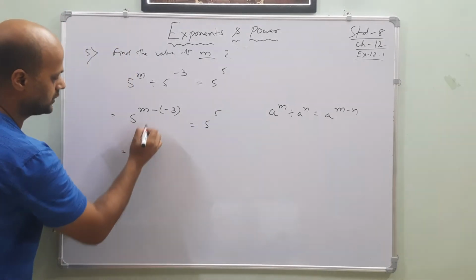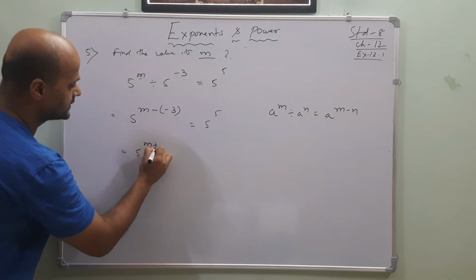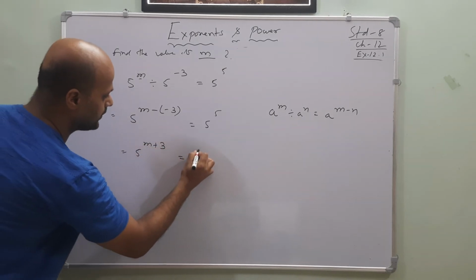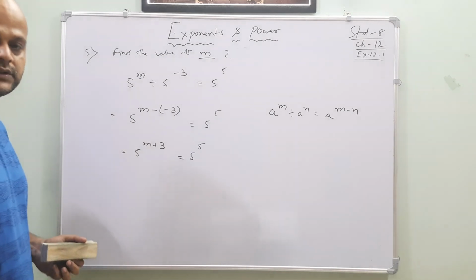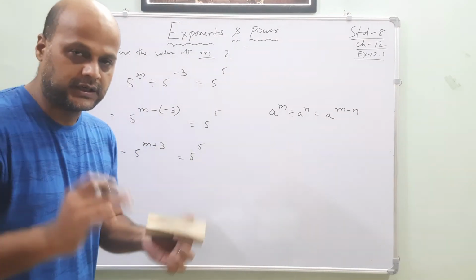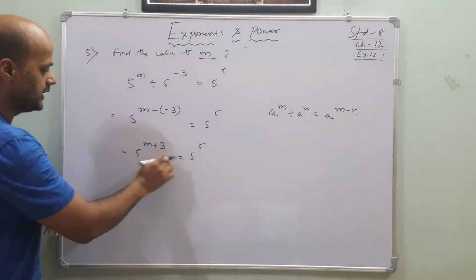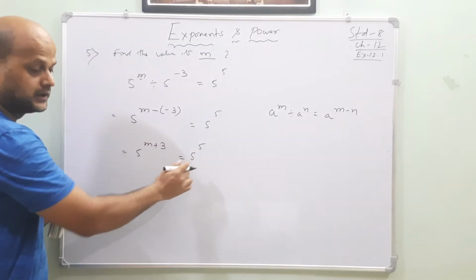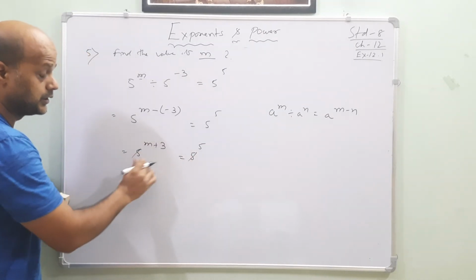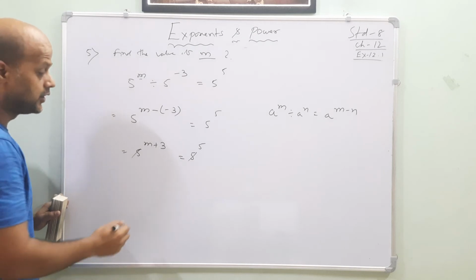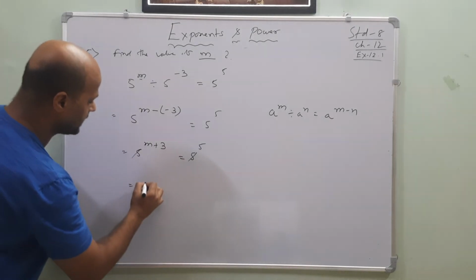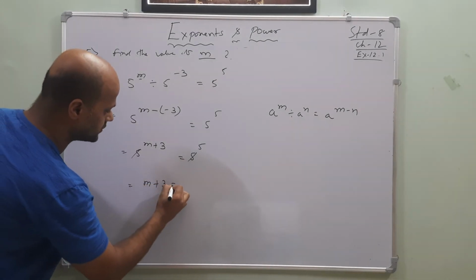Now solve this: 5 power of m plus 3 is equal to 5 power of 5. Now just concentrate here, my dear friends. On both sides of the equal symbol the base 5 is present, so these two 5s will cancel. Now I can write m plus 3 is equal to 5.